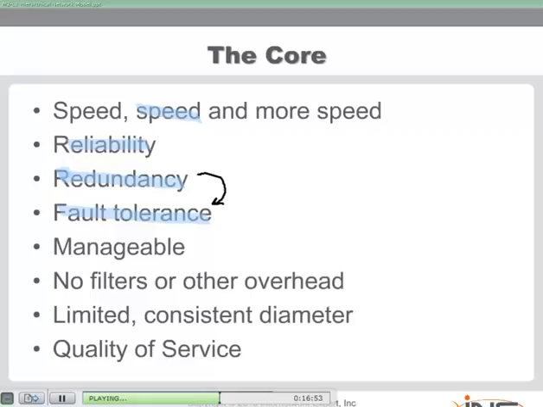Something crashes in the network and the individuals that use the network are able to just continue to work like nothing ever happened. The core tends to be very manageable. We probably have tools from Cisco like CiscoWorks helping us manage this important core of the network.